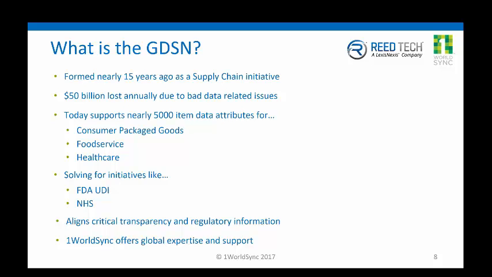The automation creates an efficient exchange, which helps meet the demand of today's consumers, and that's truly what the GDSN is all about. And at the end of the day, there are some true benefits to why you should be using the GDSN data pool. Next slide, please.